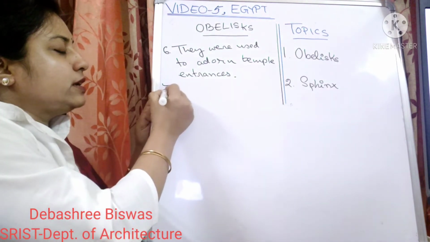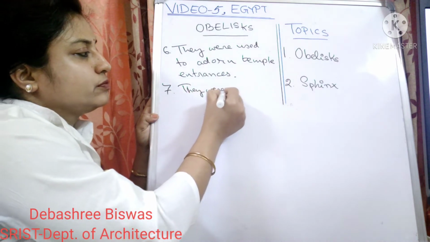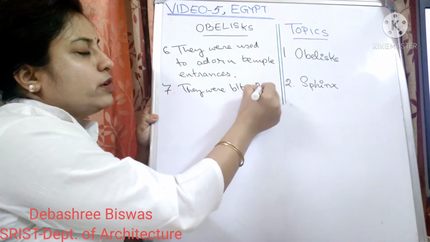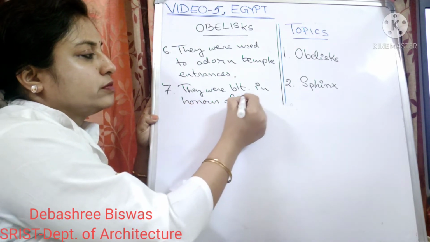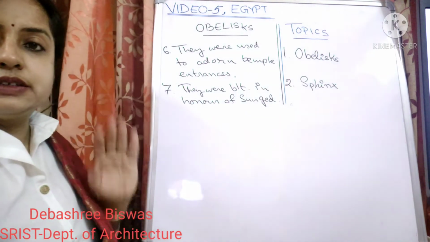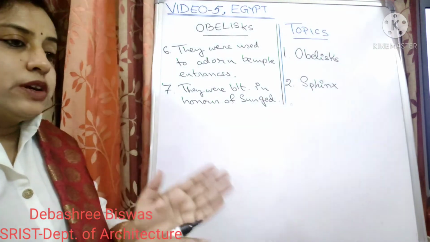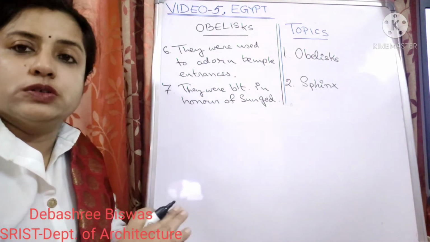And they were built in honor of the sun god. In the later days, the obelisks by themselves became the symbols of God, the sun god.